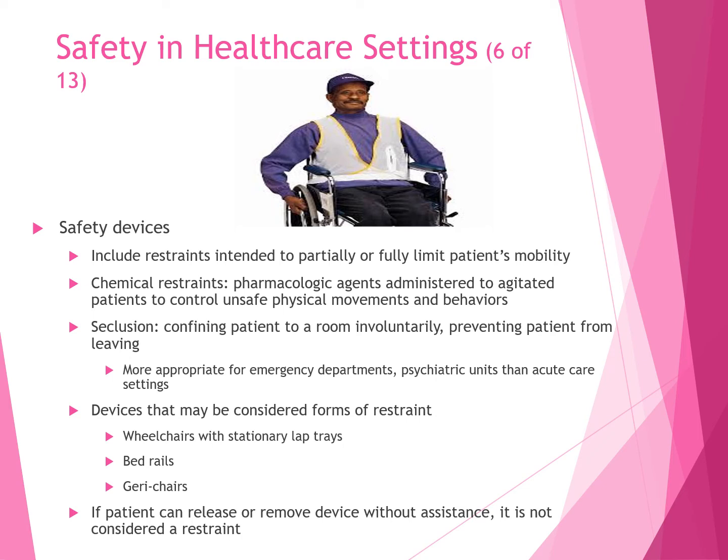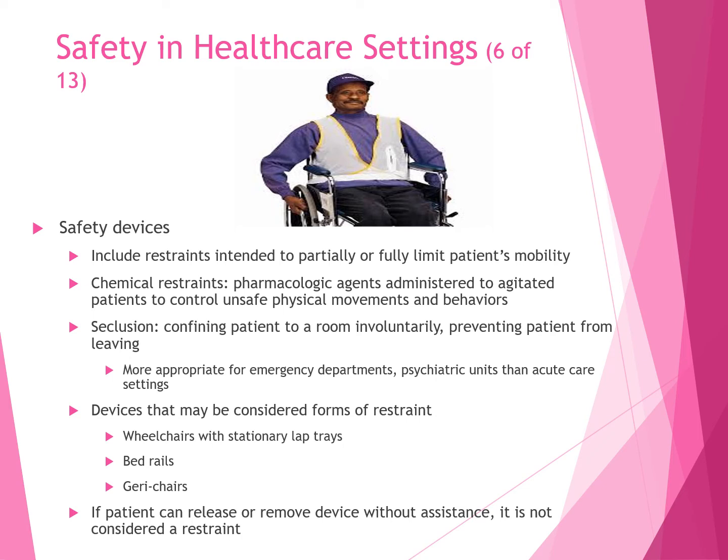Chemical restraints are drugs administered to patients who are agitated, to control unsafe physical behaviors, but they can cause sedation and a change in mental status, and make the patient unaware of falling and harming themselves.